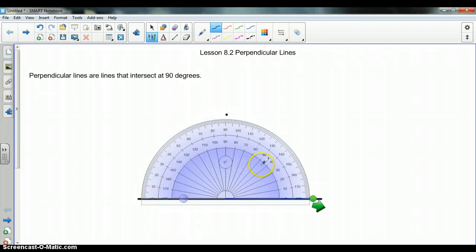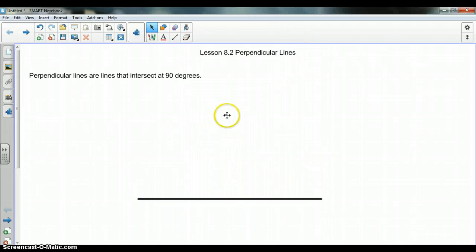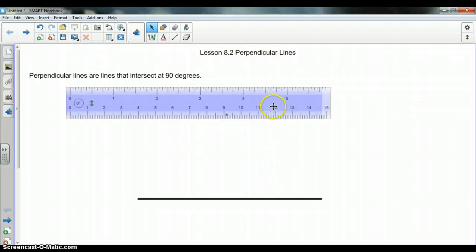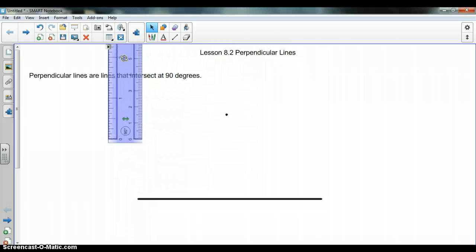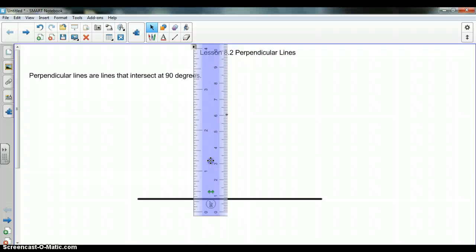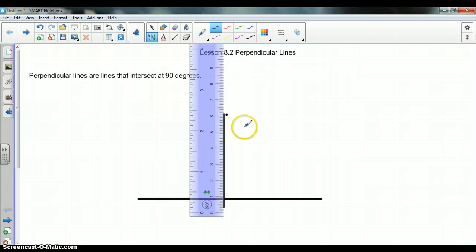So by definition, because I now have a 90-degree angle right there, I then take my ruler again, bring the ruler down, give it a rotation, and make sure it's at 90, which it says right there. If you can't see that, I'll prove it. See right there, it says 90. And then I draw from my point at 90, and I go down, and there you go.